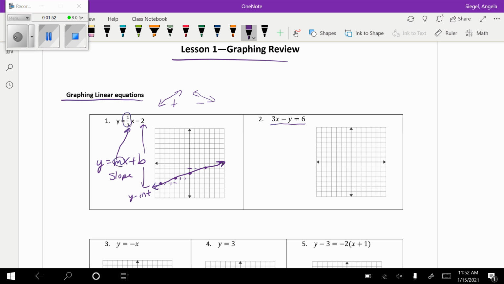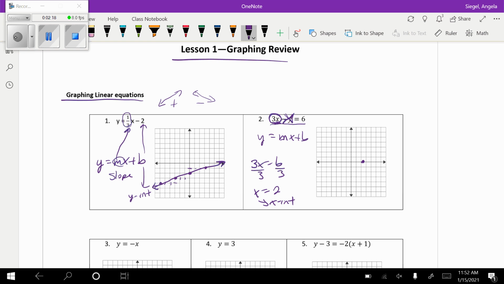This form is called standard form, and what's really nice about this is this deals with intercepts. You could do one of two things: either solve for y and put it into slope-intercept form, or you could just take this as it is. If I forget about the y and just solve for x, so that I have 3x equals 6, divide by 3, x equals 2, this is going to be my x-intercept.